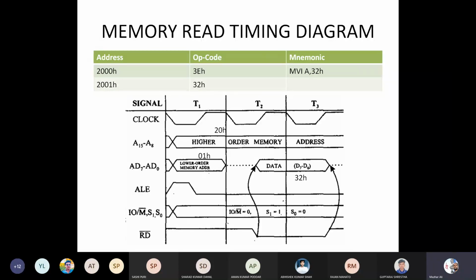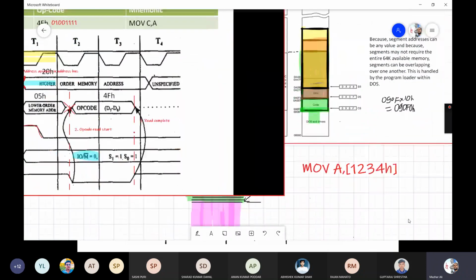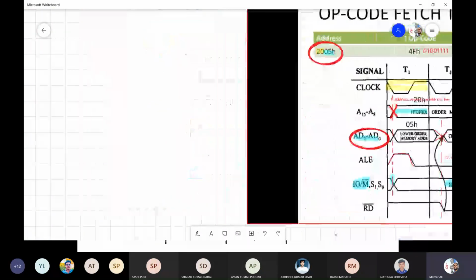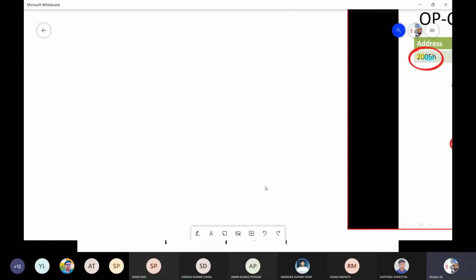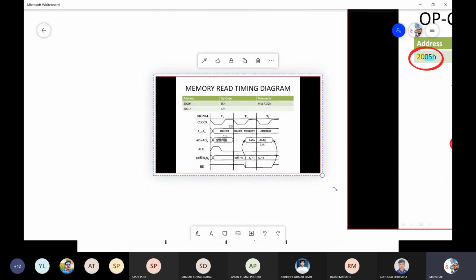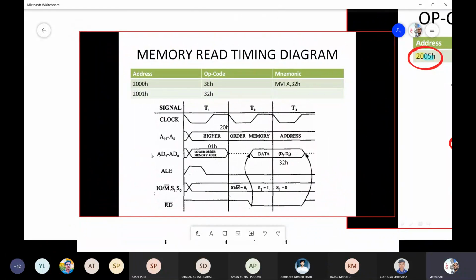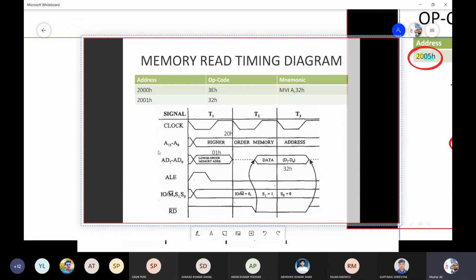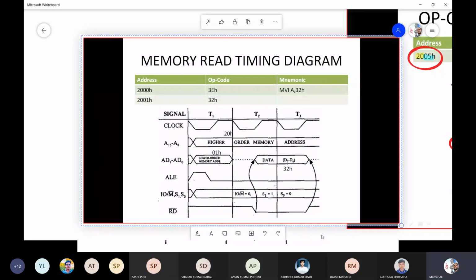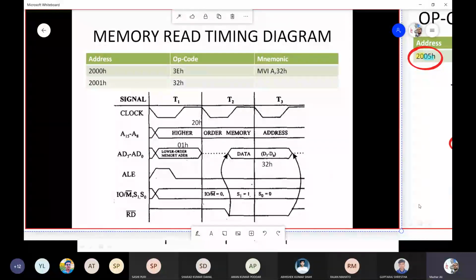So I will transfer this to our whiteboard like this. Let me try to do something.